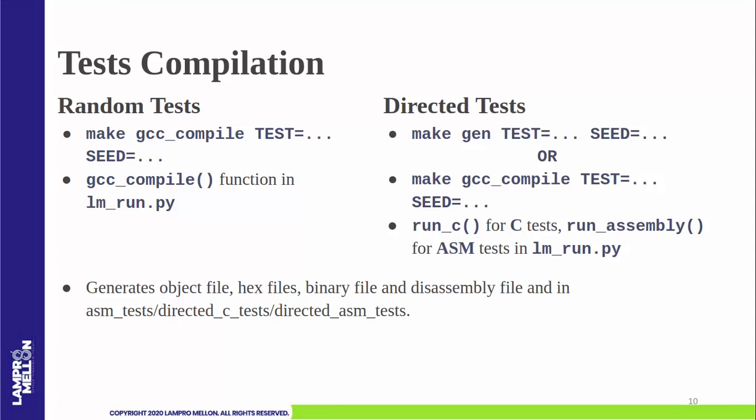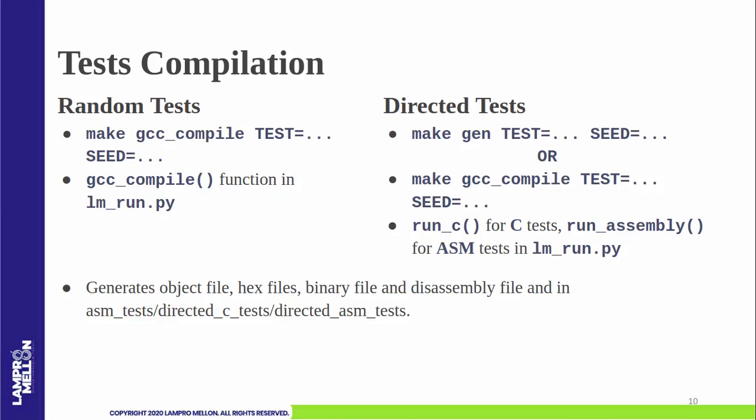And in the case of directed tests, there are dedicated functions in RISC-V DV for C and assembly tests, which are run-C and run-assembly. These functions are actually called before any of the random test flow if they are given as test to the makefile. However, there is no dedicated target for calling these functions from RISC-V DV in the makefile. Therefore, we are using the gen or GCC compile target.